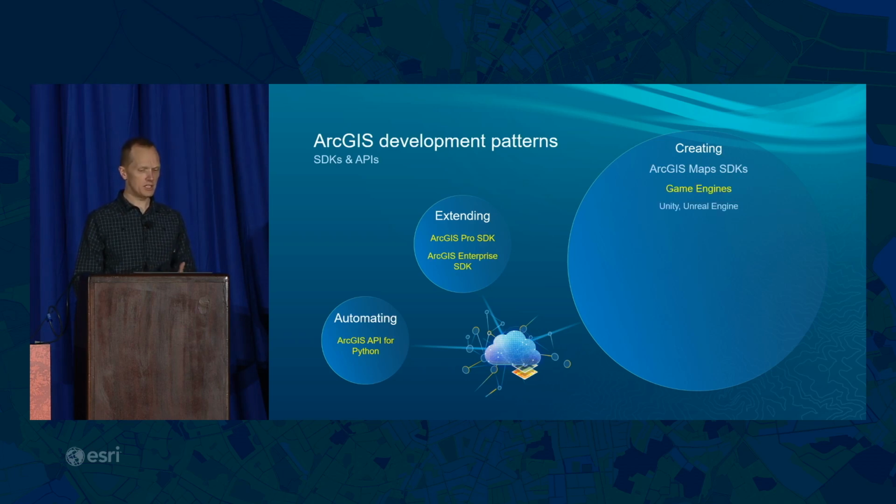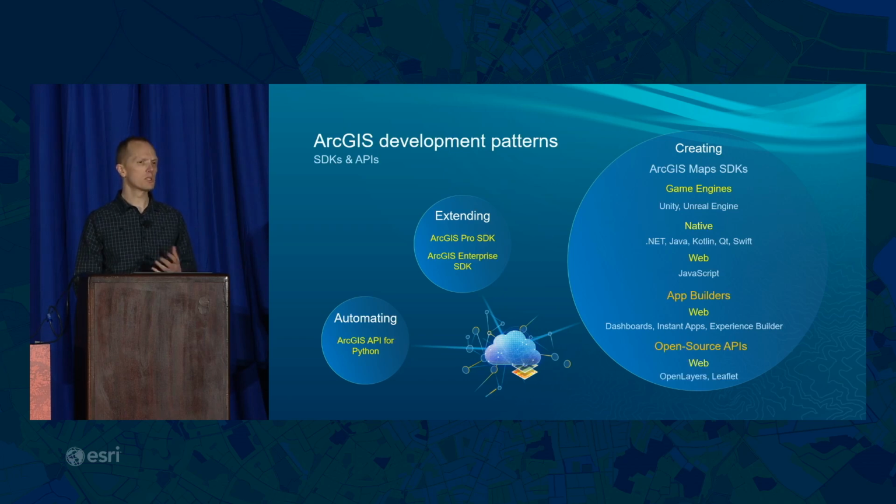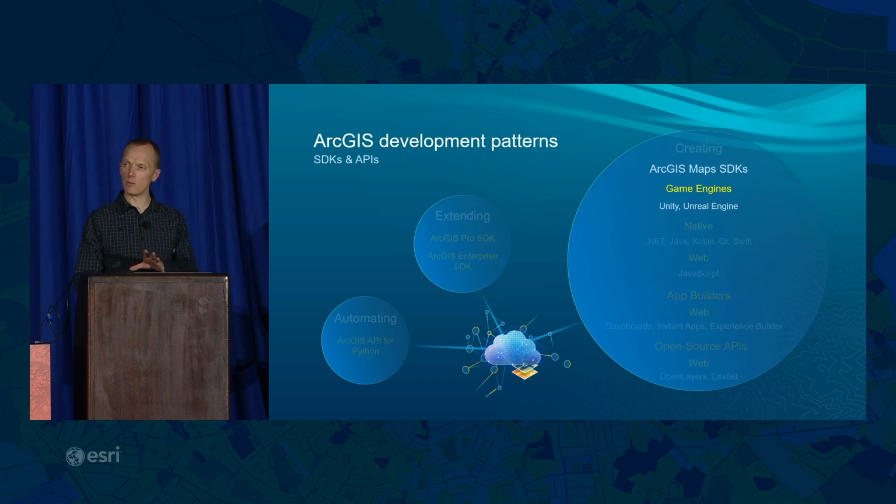They target game engines, native applications, web applications, and then we also have application builders for a low-code, no-code experience targeting the web. And also we support a range of open source APIs as well, including Leaflet, for example. But specifically, we're focusing on the Game Engine SDKs today. But this is to put them into context. So essentially, it's another client technology that you can use to build applications when working with ArcGIS content.